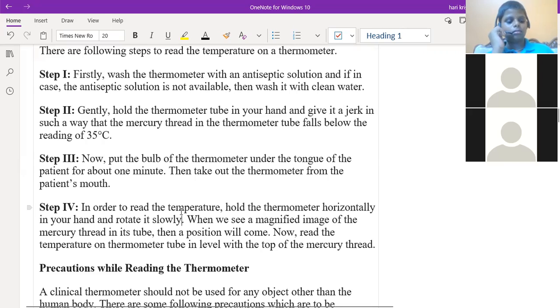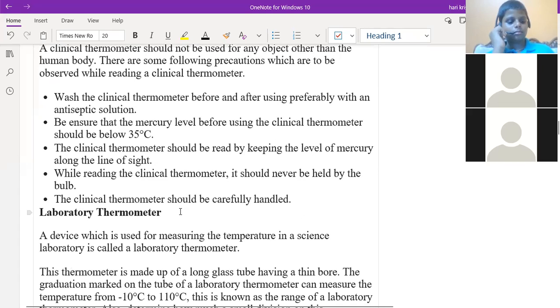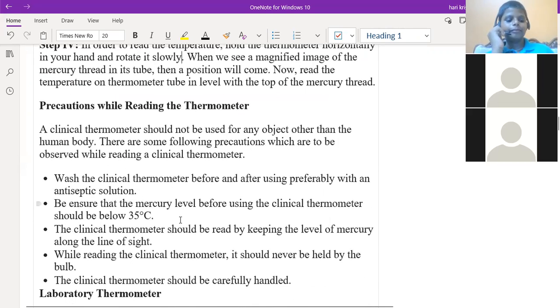So these are the 4 steps in measuring the readings of the clinical thermometer. Then what are the precautions, Fatima? Yes, sir. Read these precautions. A clinical thermometer should not be used for any object other than the human body.